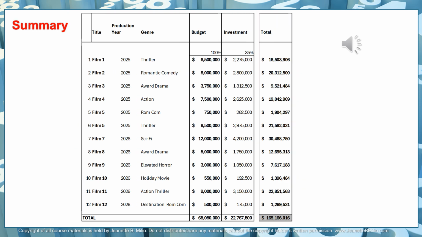So let's take a look at the summary here. We had our $65 million slate. We invested about $23 million and we generated $165,166,16. Sorry, I overlooked my glasses. So we're looking at a performance, if I calculated this correctly, I'm going to check real quick.